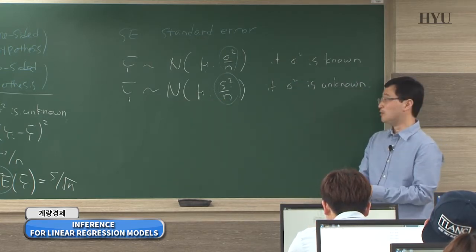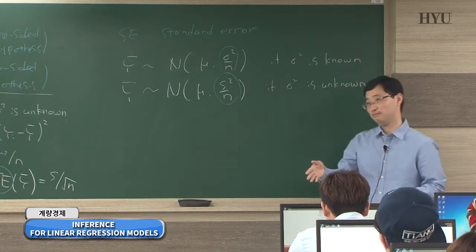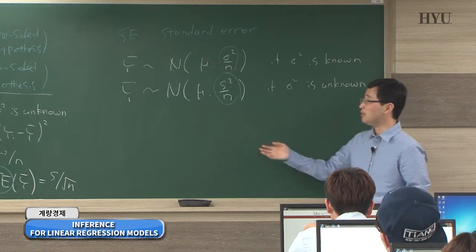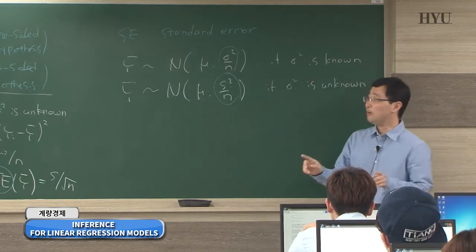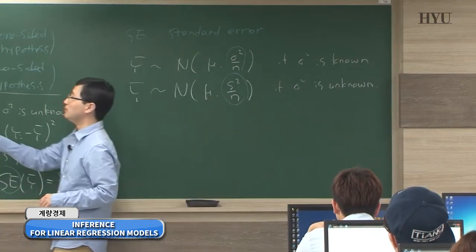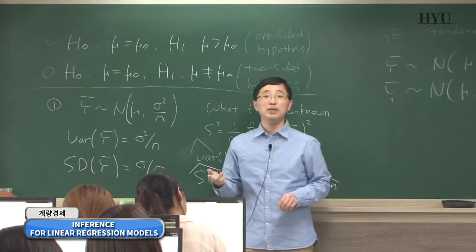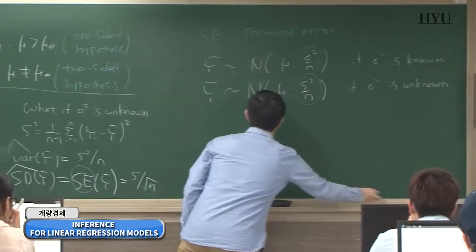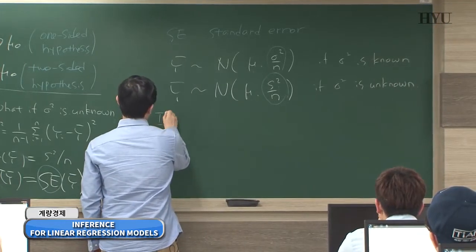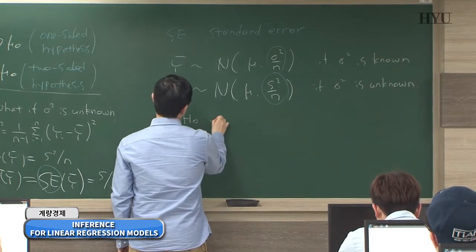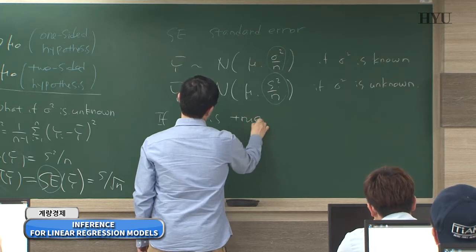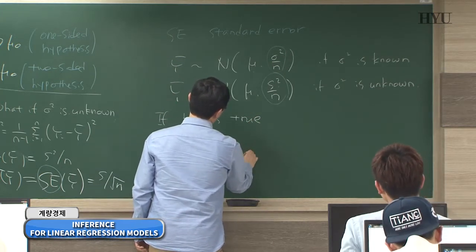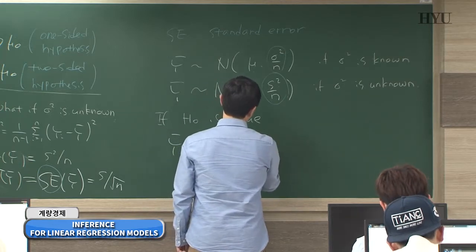So think about the normal distribution. It has mean and variance. Variance is known or fixed. In any case, what is not fixed is the mean. So the role of the hypothesis is to fix the mean too. Okay? If null is true, everything about this guy is known.